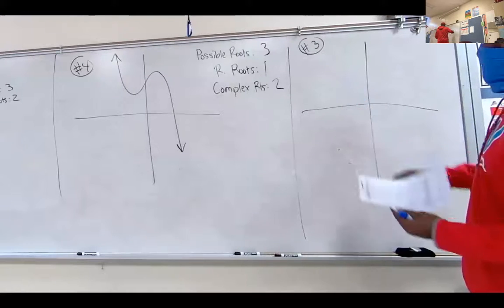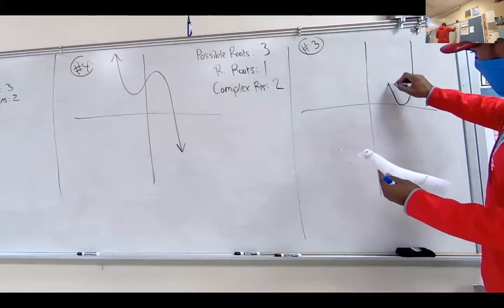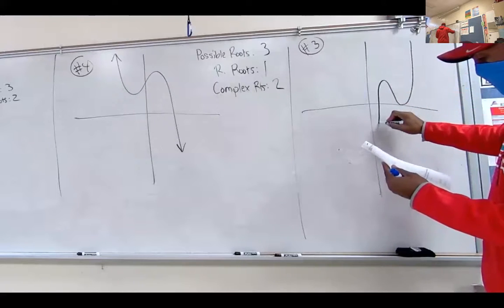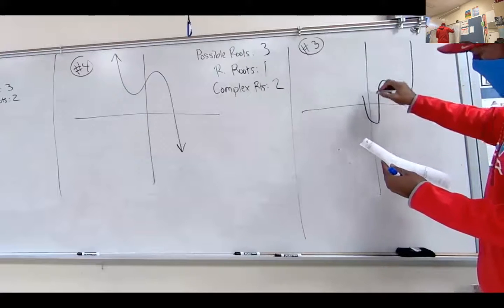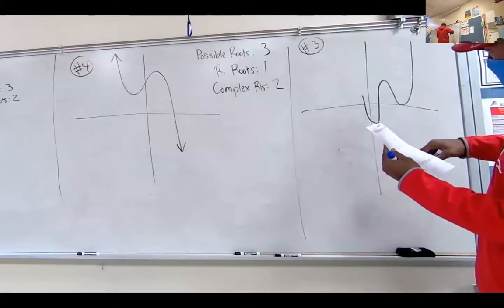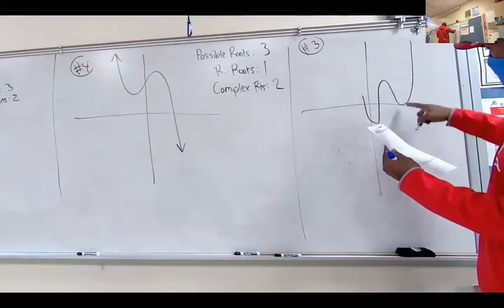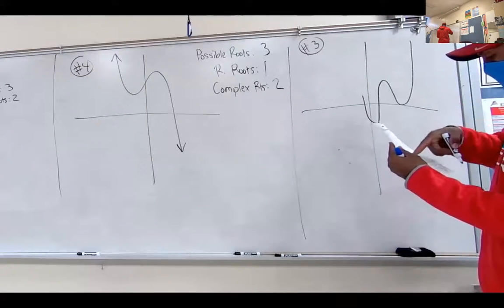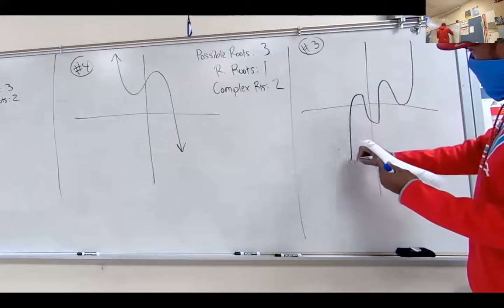Okay, so let's say I've got a graph that bounces, comes through, comes back through again. 1, 2, 3. And then comes back through here.